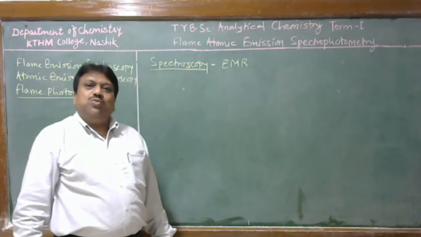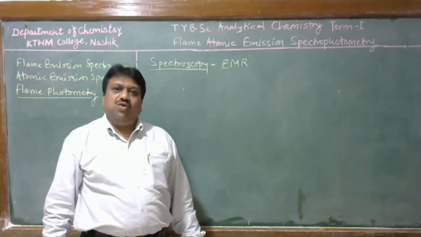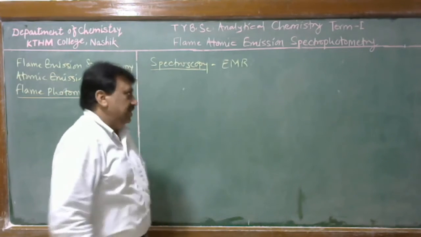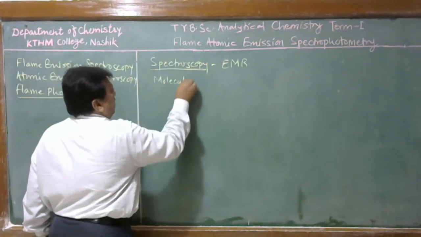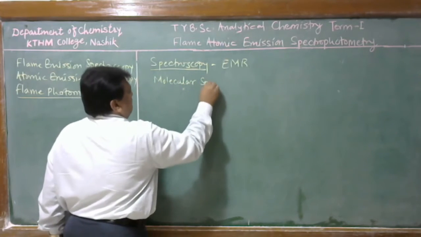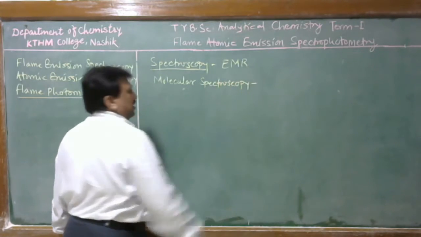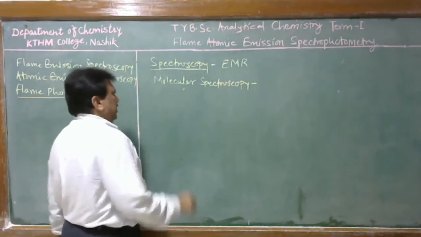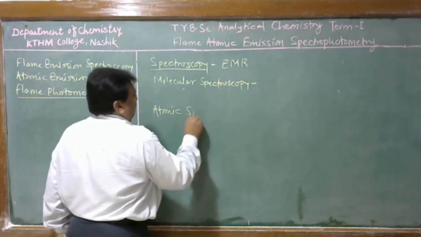That means spectroscopy is the most important tool of identification and estimation of atomic and molecular species. Based on the application, it is called molecular spectroscopy, and the second one is called atomic spectroscopy.